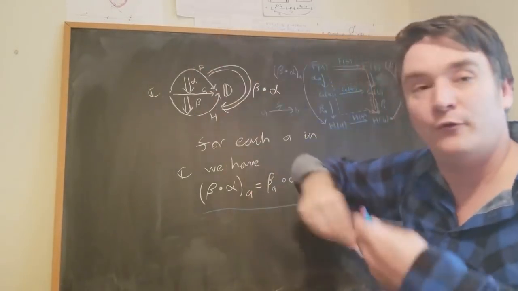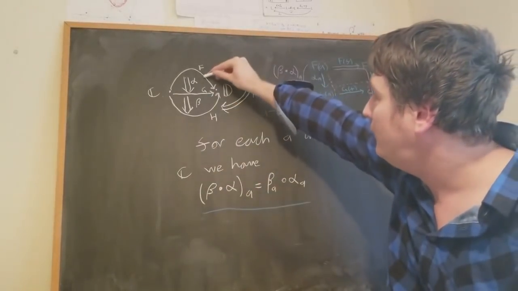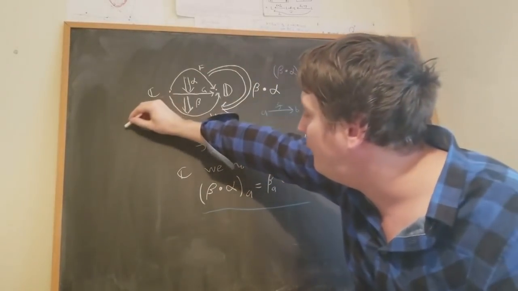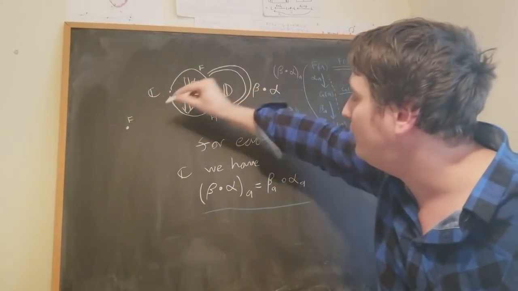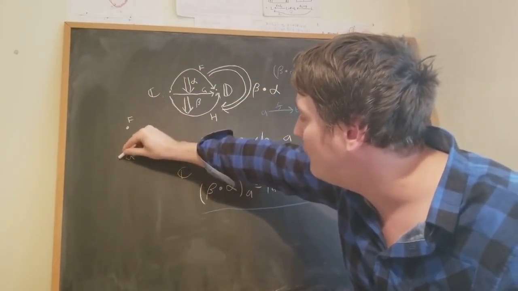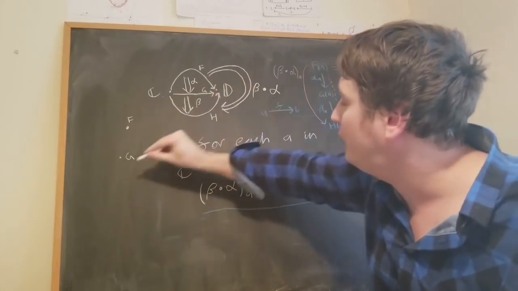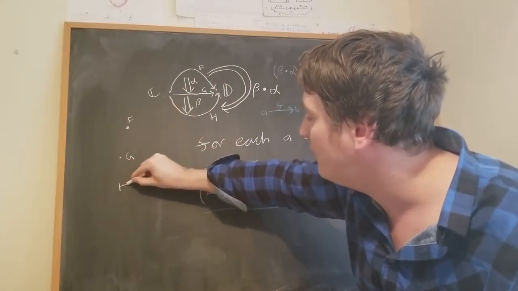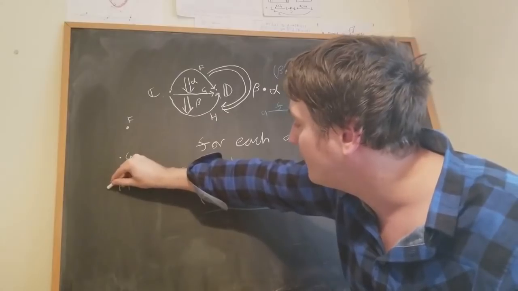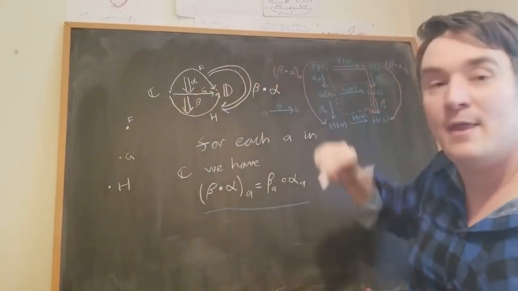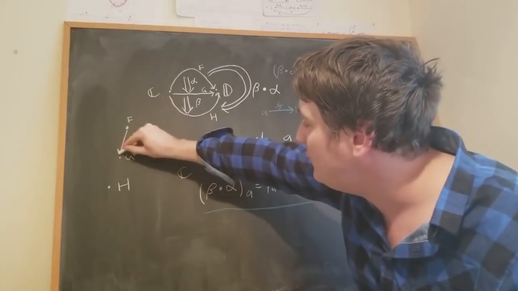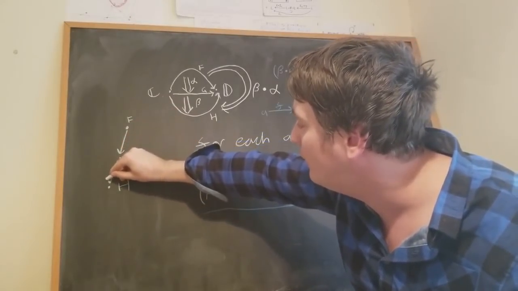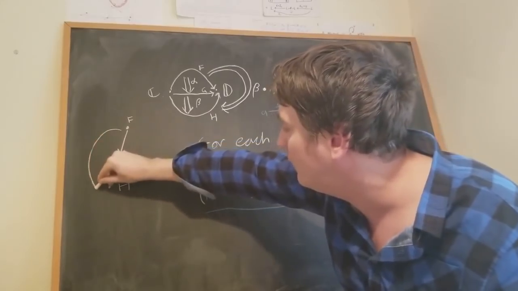So we can reinterpret this to say, well, F is a functor, we'll think of that as a point. G is a functor, we'll think of that as a point. H is a functor, we'll think of that as a point. And then we're going to have these natural transformations, which we can now think of as arrows between functors.